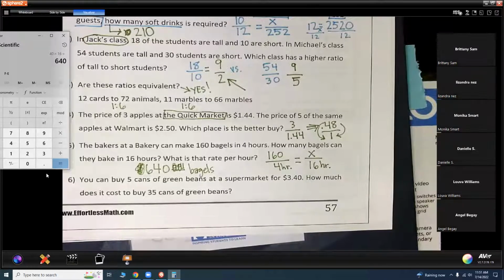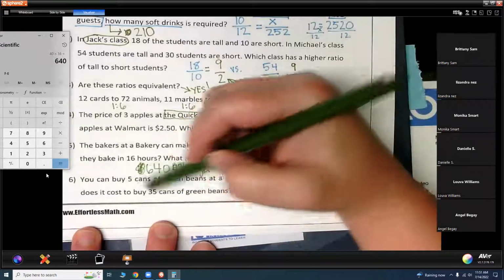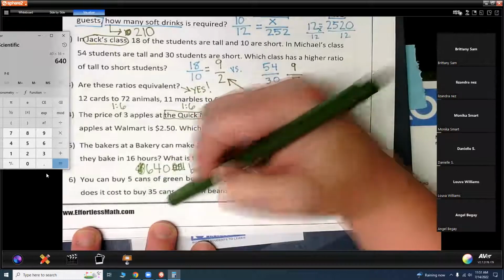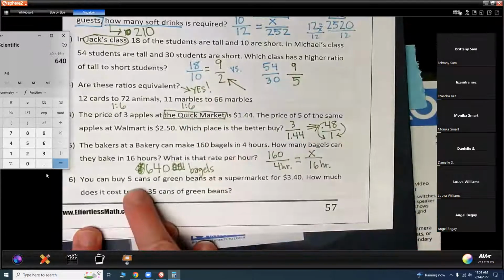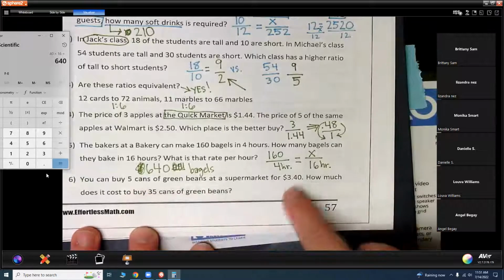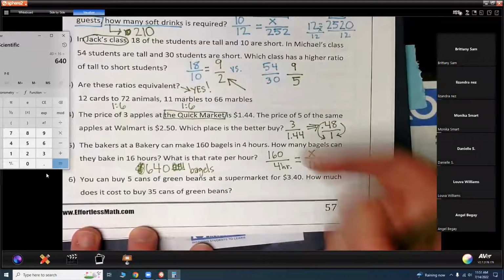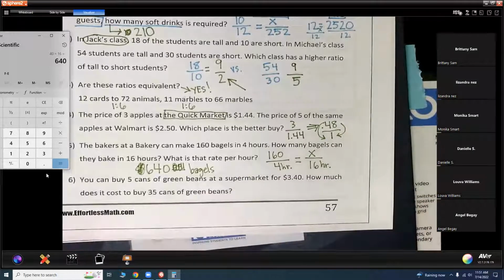Yep. Good, right? Because the difference between 5 cans and 35 cans is 7 times, basically 7 groups of 5 cans. So we would just take our 5 can price and multiply by 7, so we know what 35 cans cost. Beautiful.